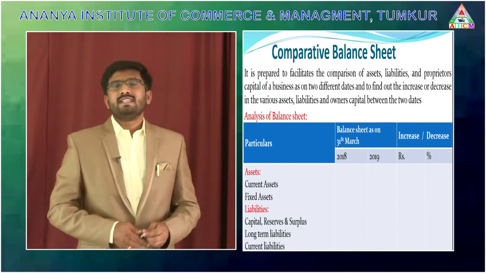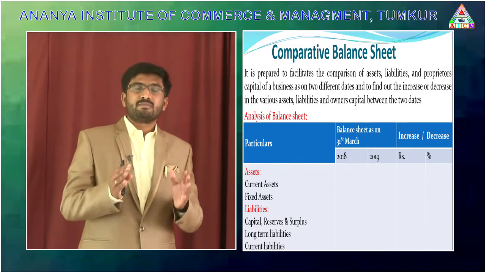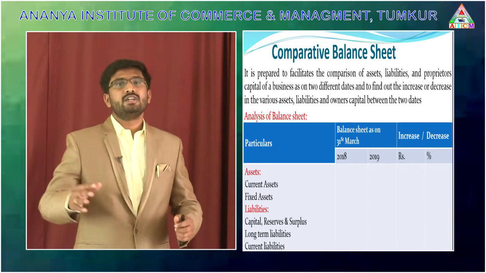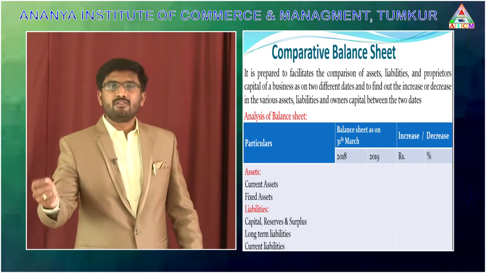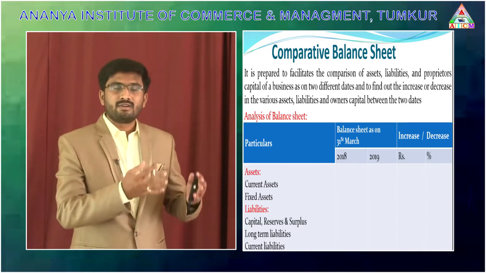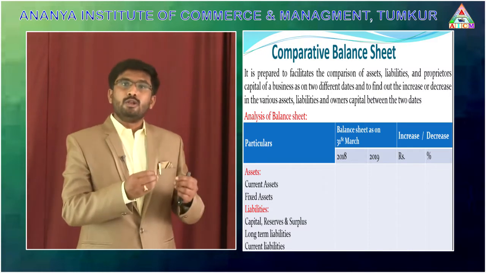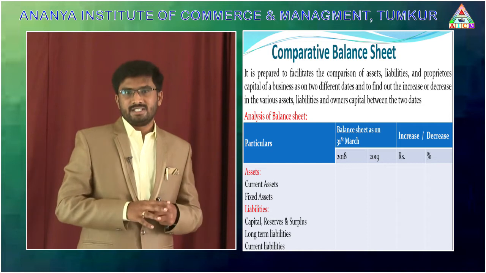Okay, see, there is a pro forma which we are indicating. The first column represents particulars, then the second, third and fourth columns represent the original data of the balance sheet which we have taken up, to look at how much change took place between the two balance sheet dates.